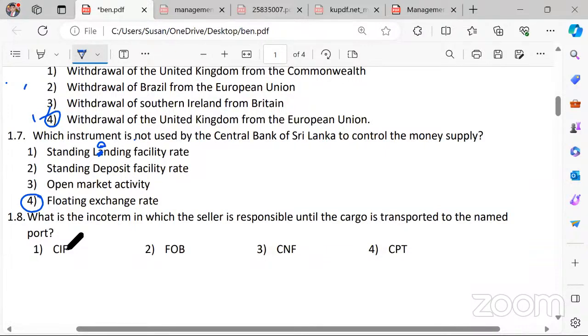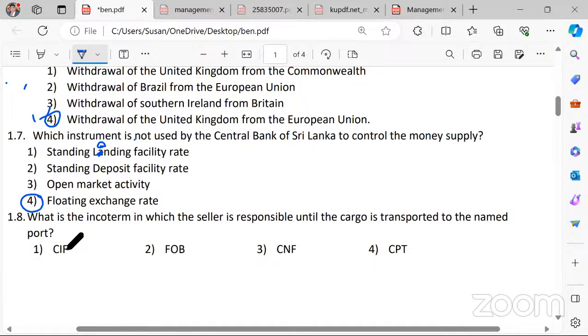Not CIF, this is CNF. Cost and freight, but insurance to be paid by the buyer. CPT is carriage paid to.